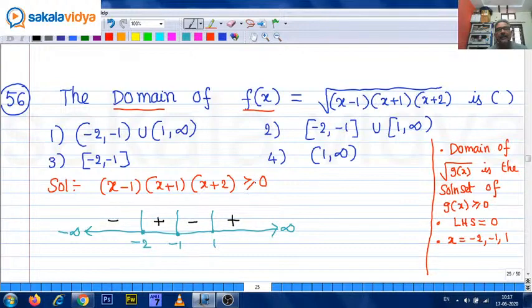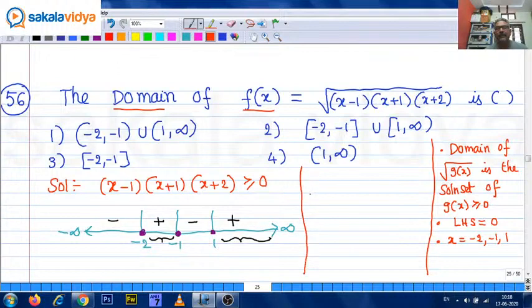But greater than or equal to means we need to consider the positive sign here to here and here to here. And we need to include -2, just round it. -1 is also included and also 1 to infinity is included. So now we need to write the domain.